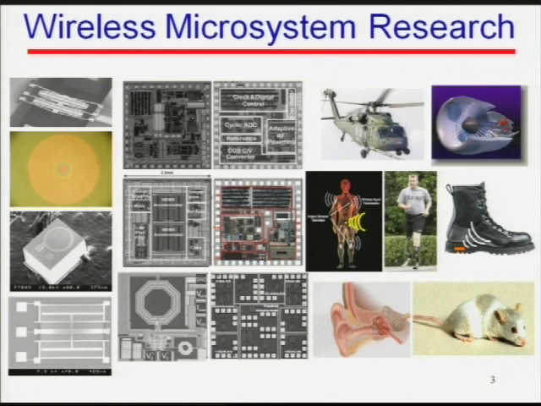And one of the ongoing research projects in my lab is to look at how to use radio frequency to charge up a battery implanted into a human bladder that can sense the pressure developed inside the bladder for patients who suffer from spinal cord injury. Therefore, they suffer urinary incontinence.